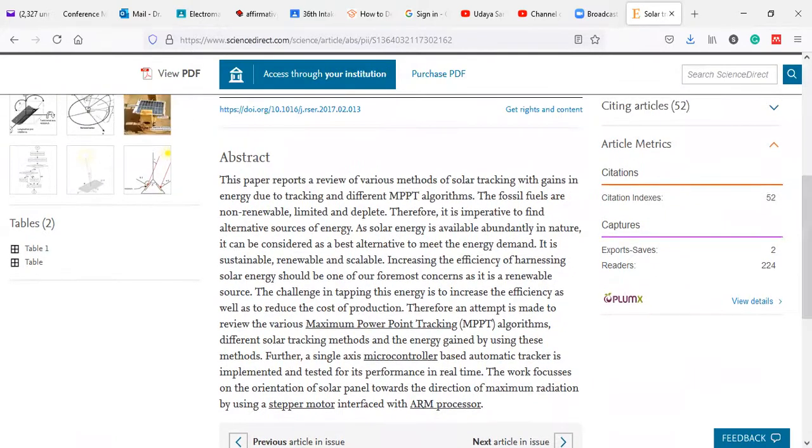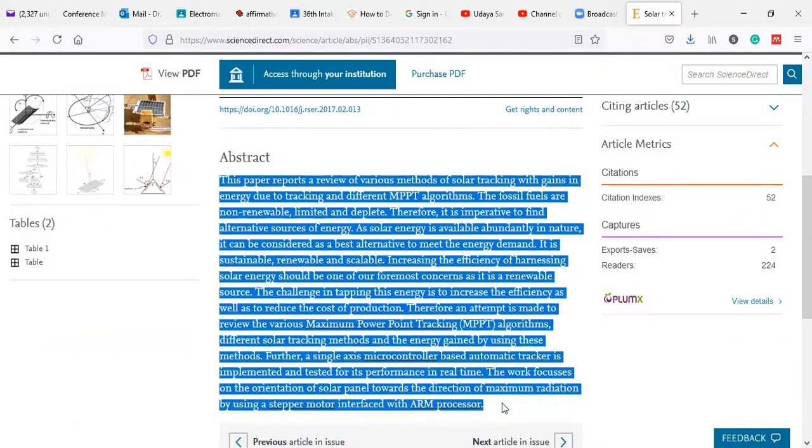First, it is better to read the abstract. What do you mean by abstract? Does any one of you have knowledge? The abstract and title are the key to find whether that paper is good for your work or not. What is an abstract?